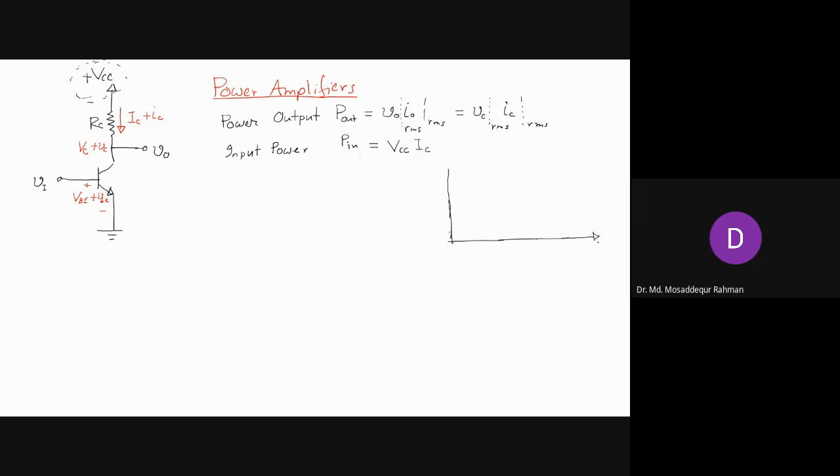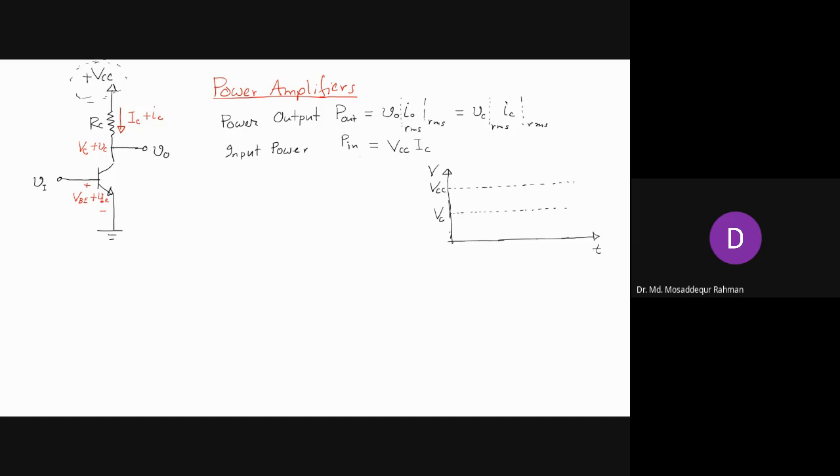Let's say this is our time axis, and here we want to show the voltage. Let's say this here is the maximum voltage that we have for the supply, VCC. So this is our supply voltage. And somewhere in the middle, let's say we have the collector voltage VC, somewhere here.